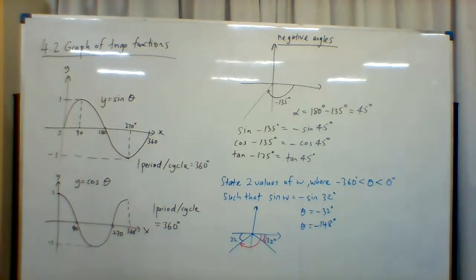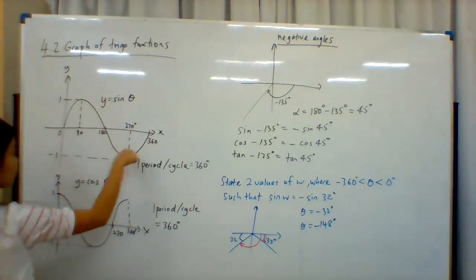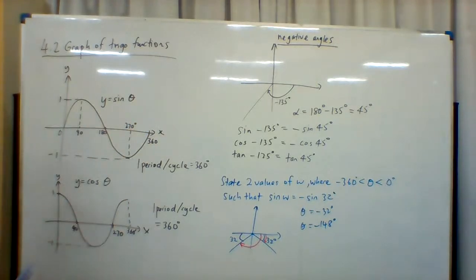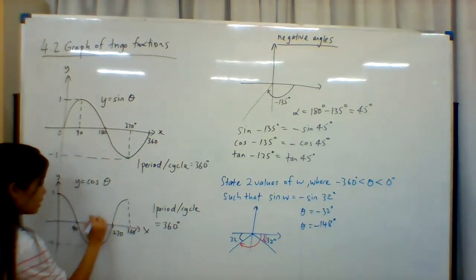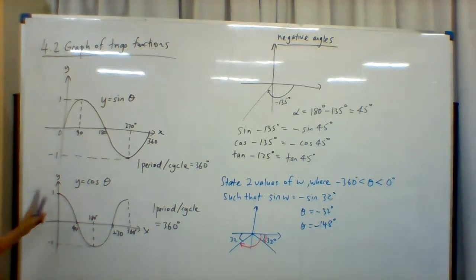For your cos graph, it's kind of like cutting half of this and then putting this at the back to get your cos graph. Where it cuts the x-axis, you need to remember all these important values. 90 and 270 cut the x-axis, and then your minimum at -1 will be at 180, and your maximum is 1 at 0 and 360 degrees.